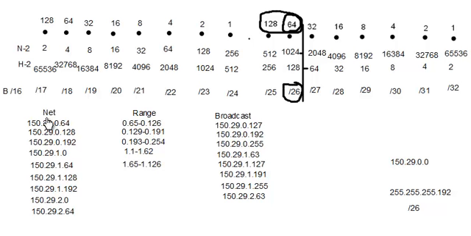So if we're working with 2 octets, then this is something that you have to get used to as well. So our first network was 150.29.0.64, our first subnet. So our range is going to be exactly the next number after 64, 0.65, 0.66, 67, etc., all the way to 0.126. Why does it stop at 126?